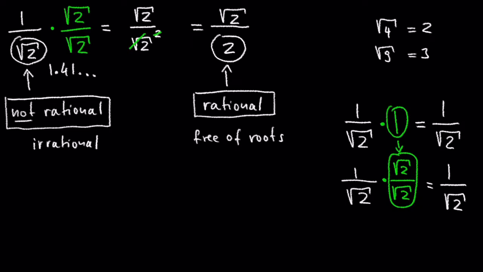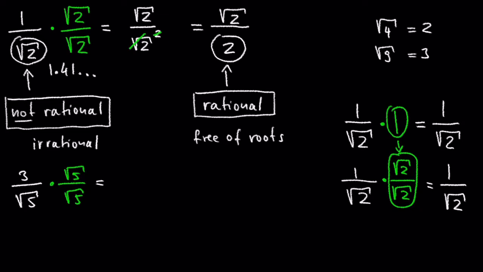Let's look at another example: 3 over the square root of 5. Again, we multiply the numerator and denominator by the square root of 5. The value of the original expression does not change, because the square root of 5 over the square root of 5 is the same as multiplying the original problem by 1.